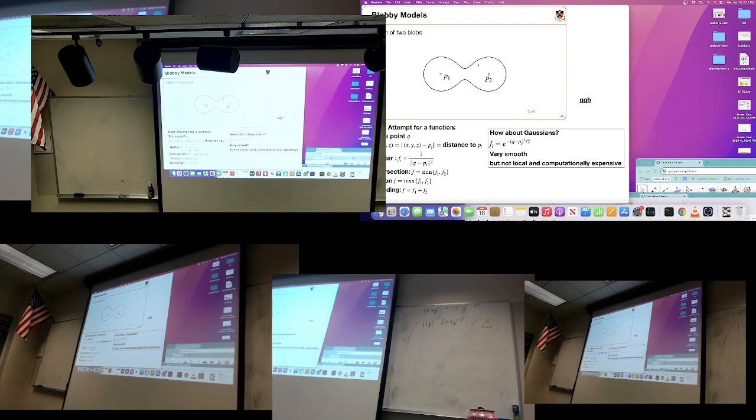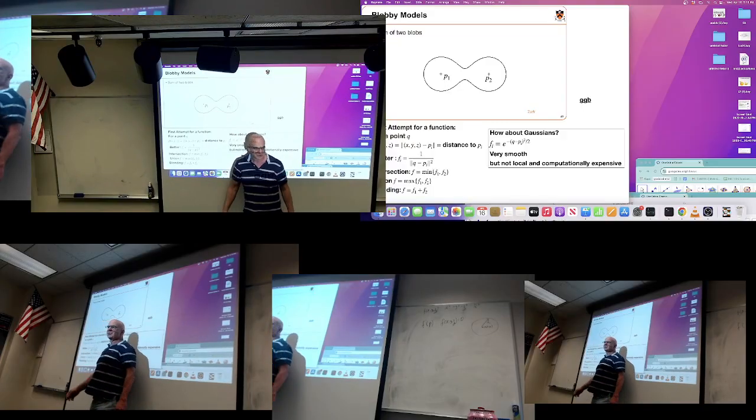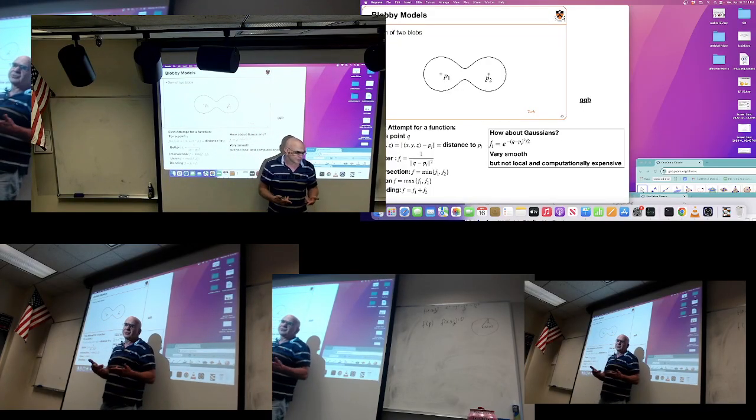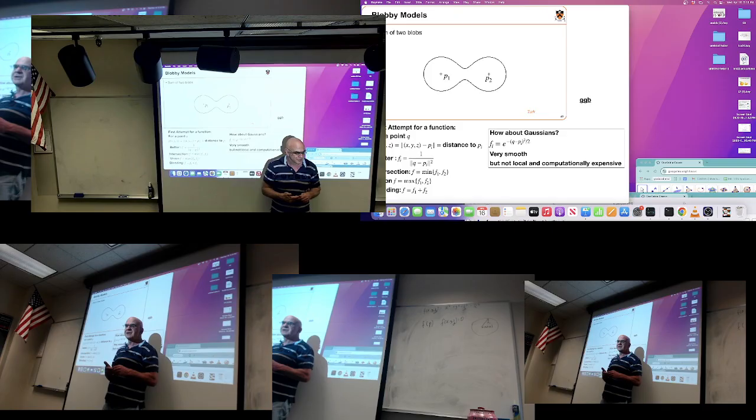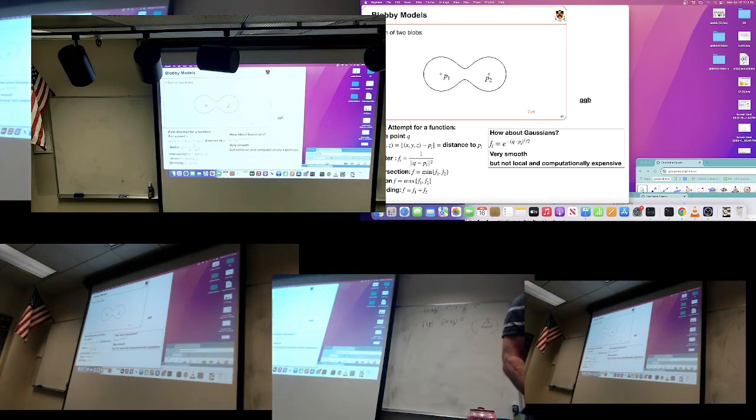I can define the function as the distance to each point. Now I'll say I have 2 points, and I want to compute the distance to each one of them and to create a level shape using this distance. Say the distance to the nearest point.